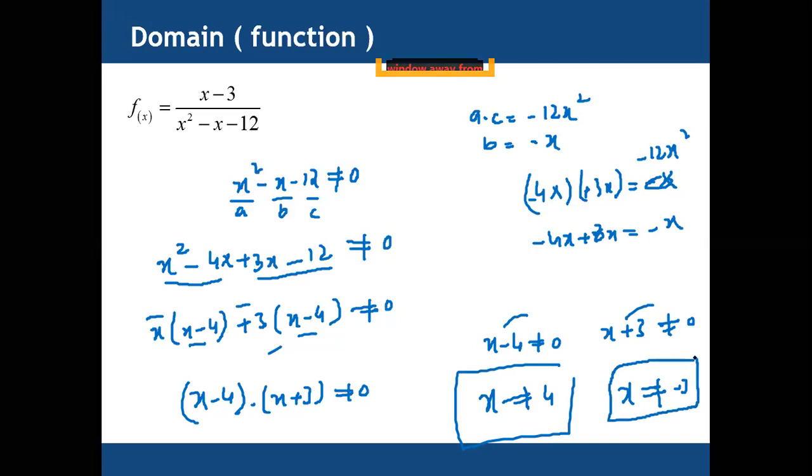So possible values are x not equal to 4 and x not equal to minus 3. So these both values are not possible. When you put x equal to 4 or minus 3, this function will be infinity.